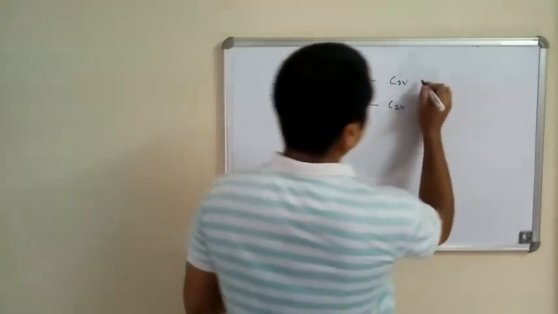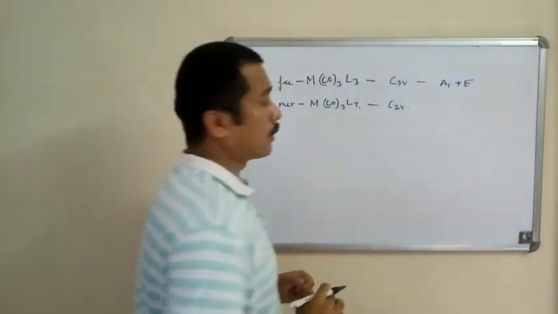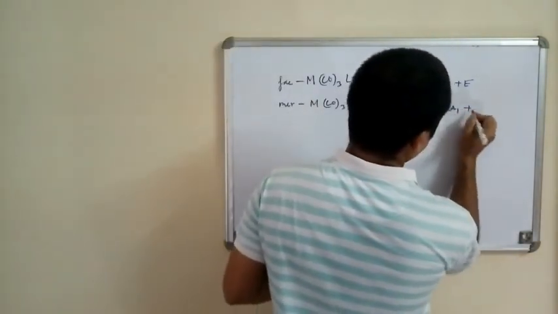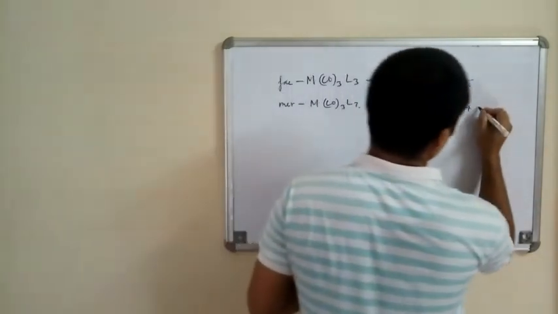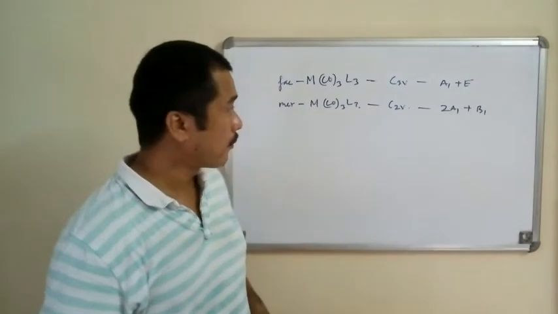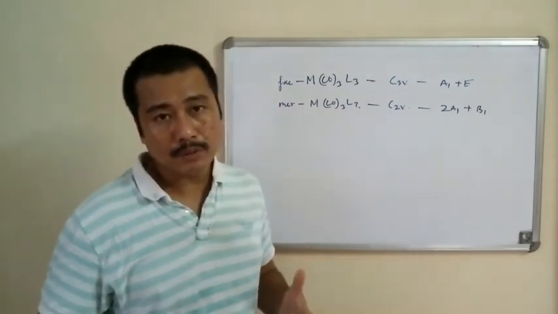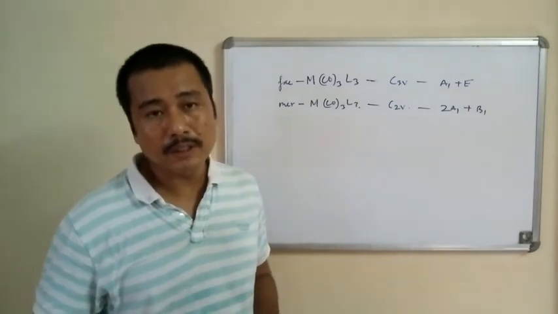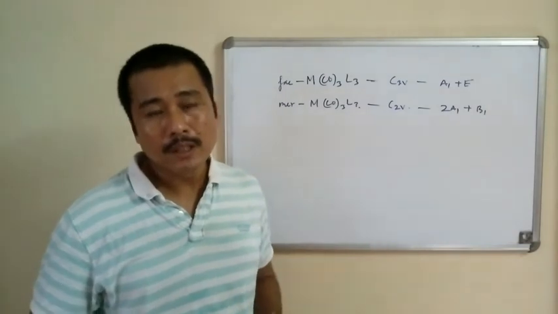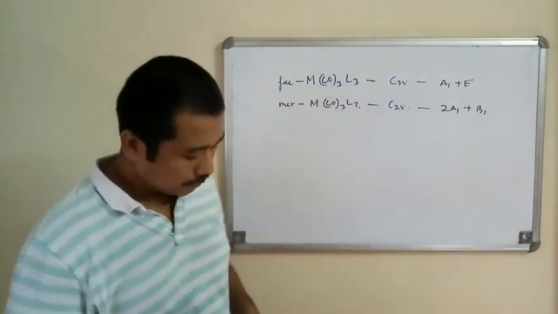In this case, you see two IR active vibrational modes of A1 and E symmetry, while in this case you can work out that there are three IR active vibrational modes of 2A1 and 1B1 symmetry. So just by looking at the number of CO stretching vibrations that you observe in the IR spectrum of a metal carbonyl complex, you can possibly predict the symmetry or geometry of the molecule.